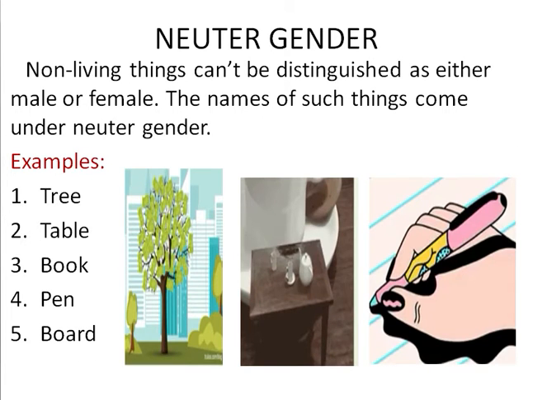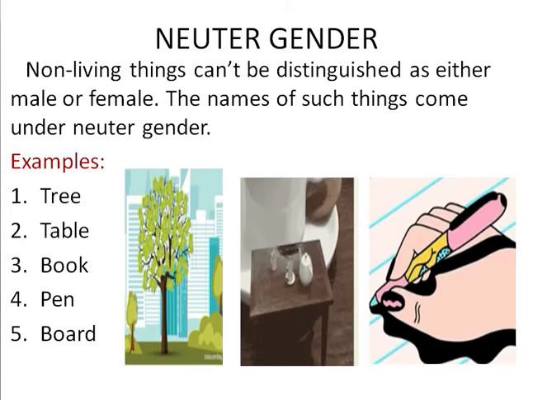Let's move on to the neuter gender. Non-living things can't be distinguished as either male or female. The names of such things come under neuter gender. For example, tree, table, book, pen, board. We can't say whether they are male or female gender. One more example.